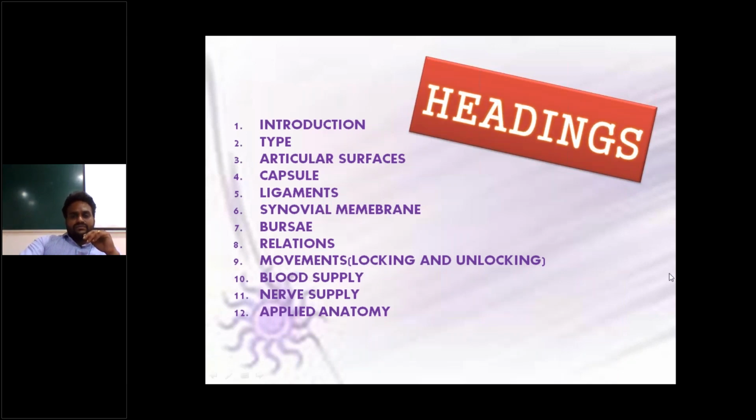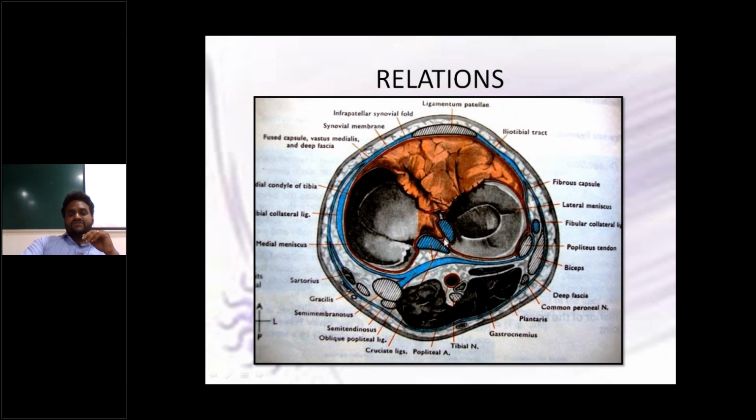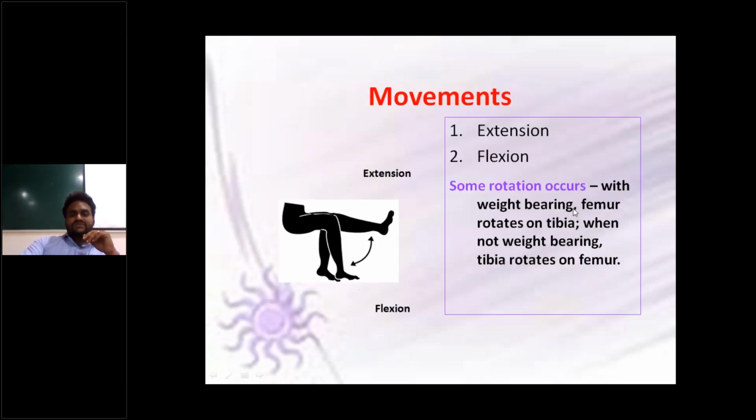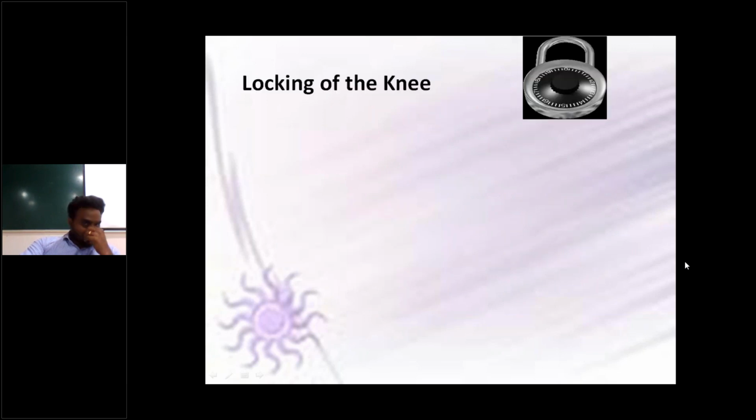Next we know the relations of the knee joint: anterior, posterior, medial and lateral. And next we come to the movements of the knee joint. There are 4 movements: extension, flexion, and limited medial and lateral rotations. Apart from these, one more action is there: the locking and unlocking mechanism of the knee joint.